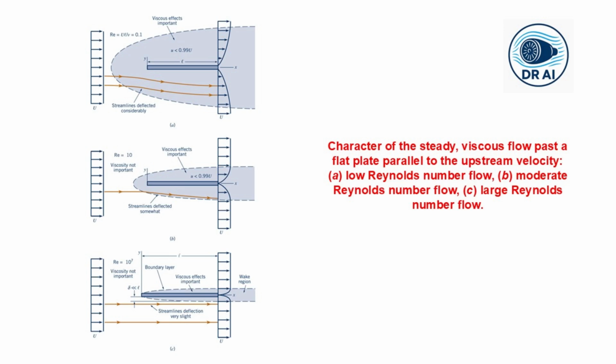And secondly, a relatively thin wake behind the plate. Outside these regions, the fluid behaves essentially as if it were inviscid, which means no viscous effects at all. This boundary layer concept, proposed by Ludwig Prandtl in 1904, revolutionized fluid mechanics. It's why we can analyze complex flows by dividing them into viscous and inviscid regions.